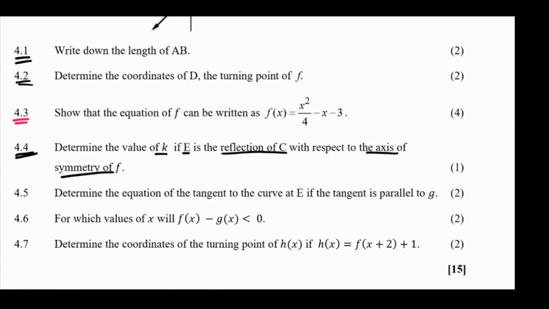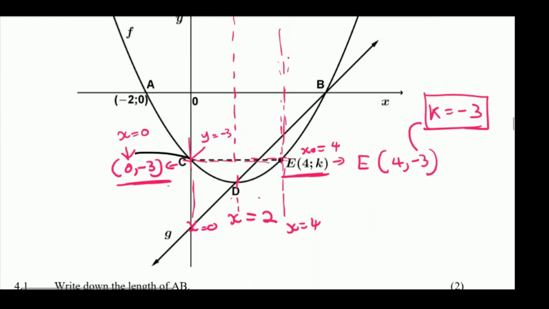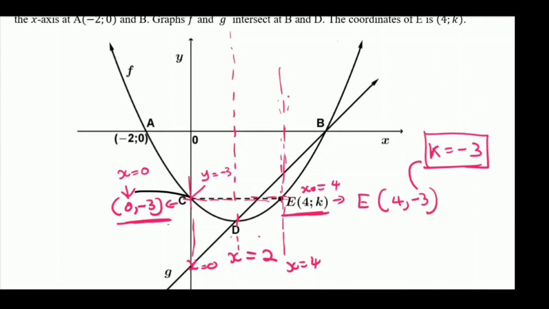Now, doing 4.5, it says determine the equation of the tangent to the curve at E if the tangent is parallel to G. So we're going to this diagram here. Let me first erase everything here.